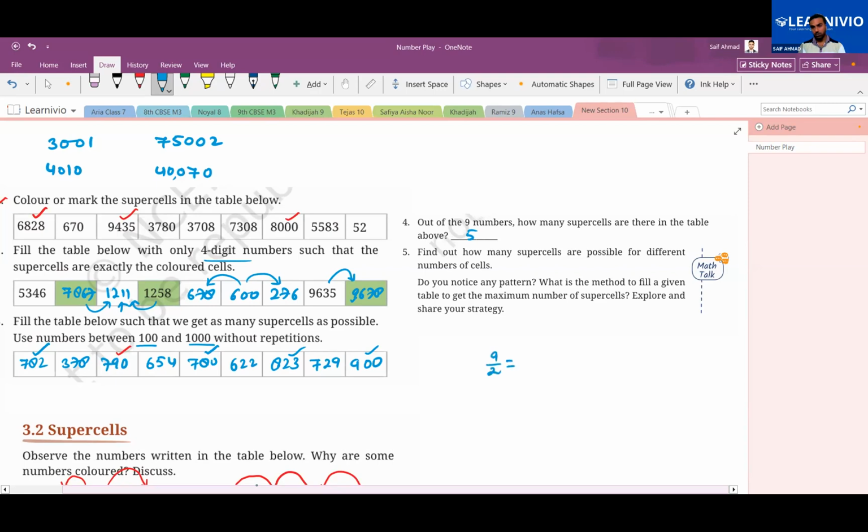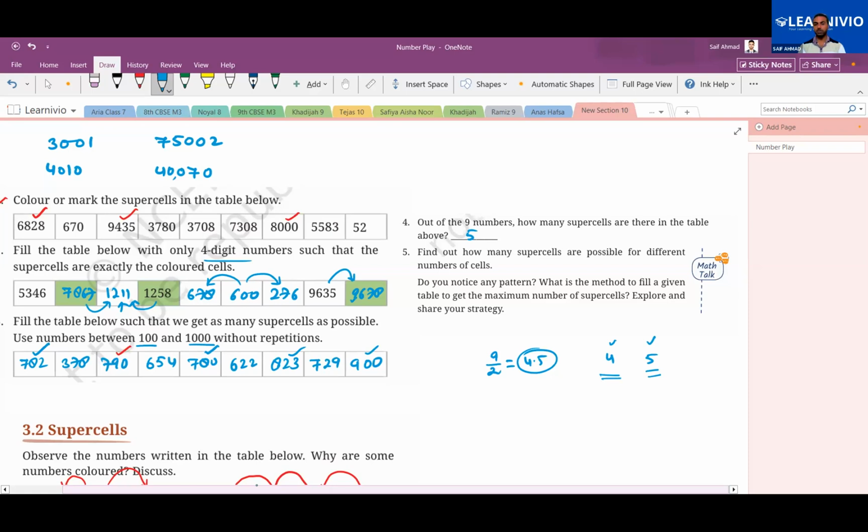9 by 2 is 4.5, but that cannot be the number of cells, so it is either 4 or 5. Understood? So it must be half of the number or more than half. Supercells can be half of the number of cells, or greater.